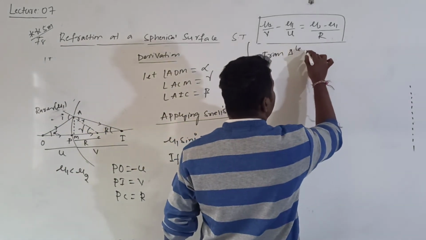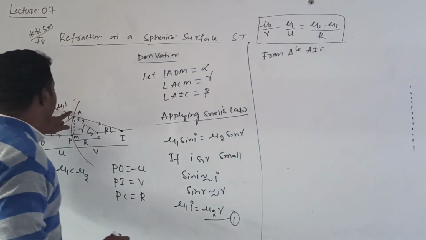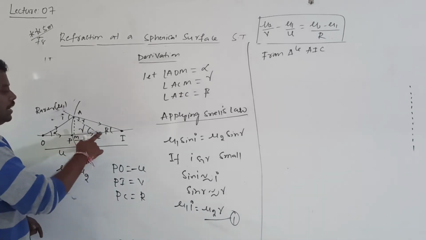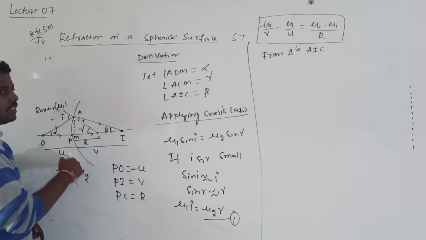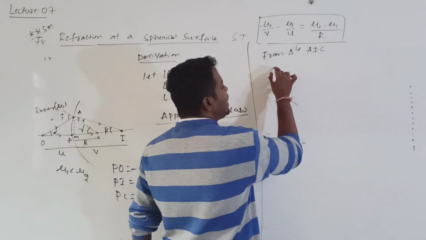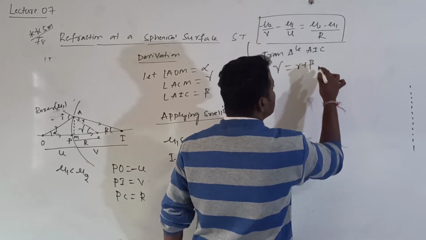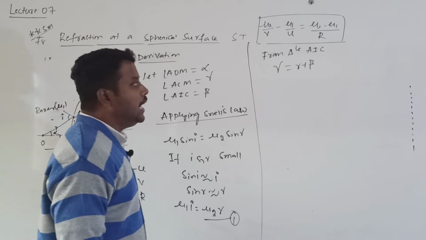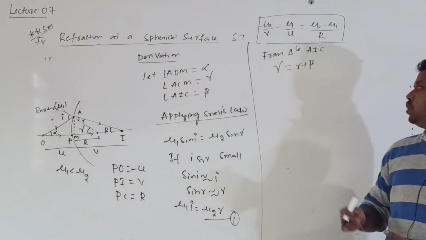Here you can see A, I, and C. In this triangle, interior angles are R and beta and the exterior angle is gamma. According to the property, the exterior angle is equal to the sum of the opposite interior angles.